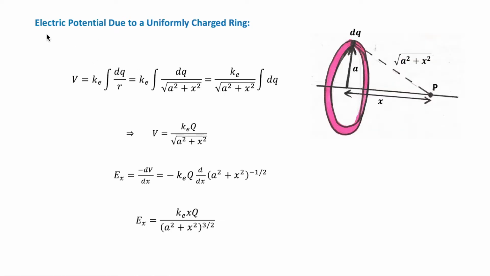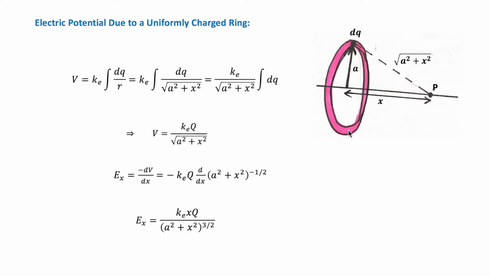We will now consider the electric potential due to a uniformly charged ring. Okay. So consider a ring of radius a and total charge Q. We want to find the electric potential at a point P along the x-axis, which is perpendicular to the plane of the ring. Okay.